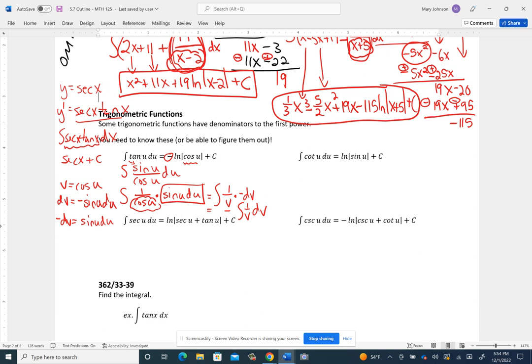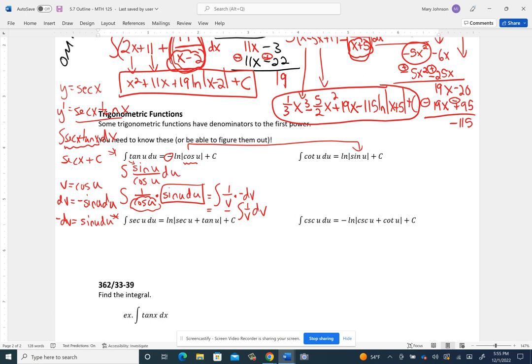So it would be good to maybe know this one or be able to figure out that one, and to maybe know this or be able to figure it out, and then just notice the connection. So see how these are related. So tangent was the natural log of cosine, but it had a negative out in front. Cotangent, it's the natural log of sine, and it doesn't have the negative.